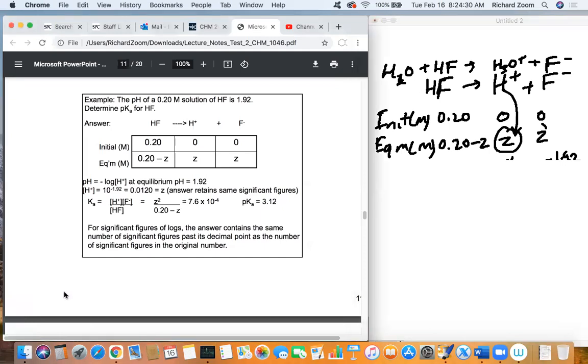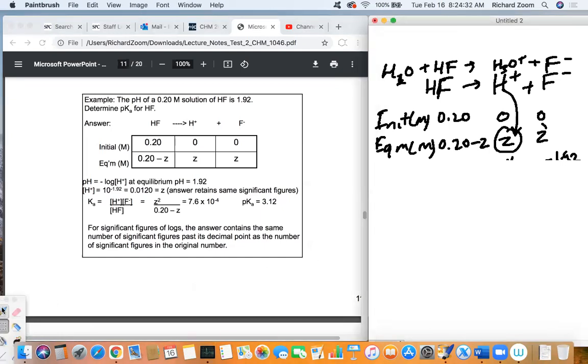Okay, so at this point, we've got Ka equals 7.6 times 10 to the negative 4.